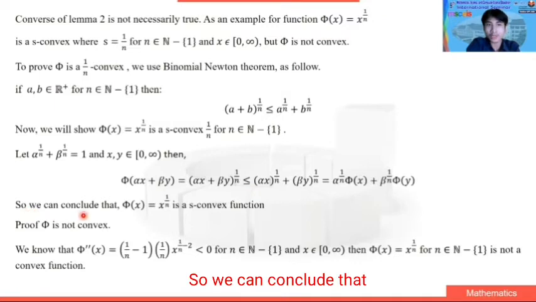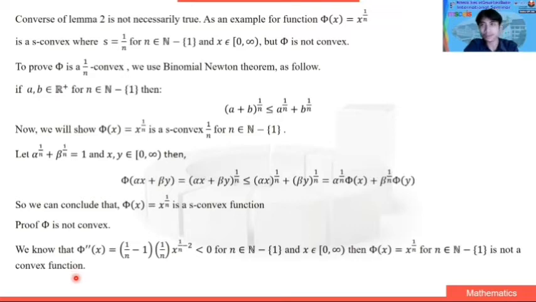So we can conclude that phi is an S-convex function. To prove phi is not convex, we know that the second derivative of phi(x) is always negative. So phi is not a convex function.